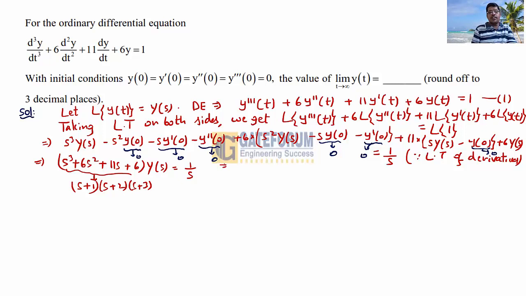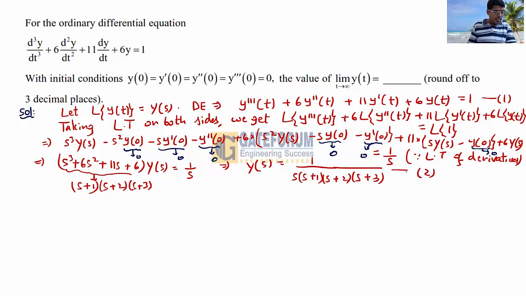From this, find Y(s), dividing both sides by the coefficient of Y(s), which gives capital Y(s) equal to 1 by s(s plus 1)(s plus 2)(s plus 3). Let us call this equation 2. To find the solution y(t), we take the inverse Laplace transform on both sides of equation 2.